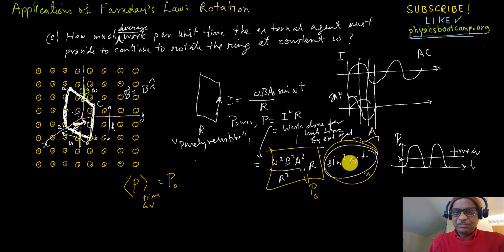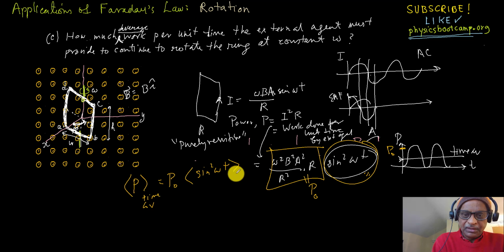P0 is whenever sine is 1, and sine squared can be no more than 1, right? So P0 times the time average of sine squared omega t.